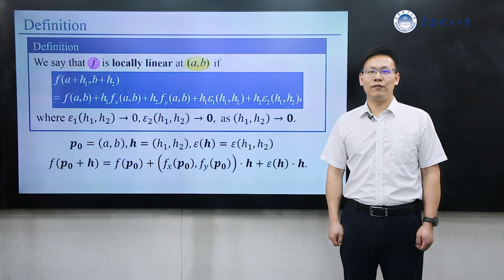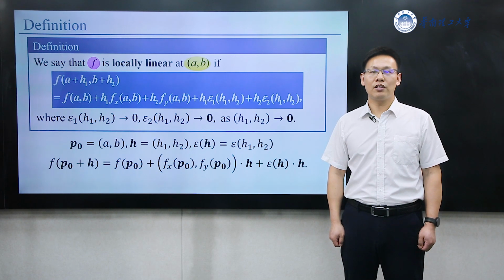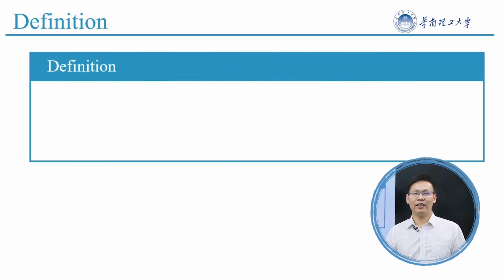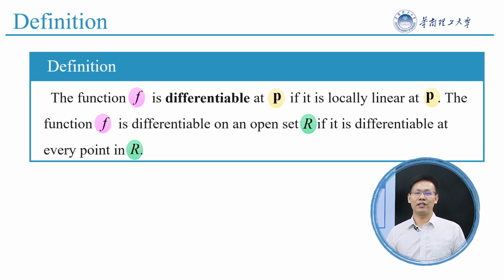Now we define differentiability to be synonymous with local linearity. Definition: the function f is differentiable at p if it is locally linear at p. The function f is differentiable on an open set R if it is differentiable at every point in R.